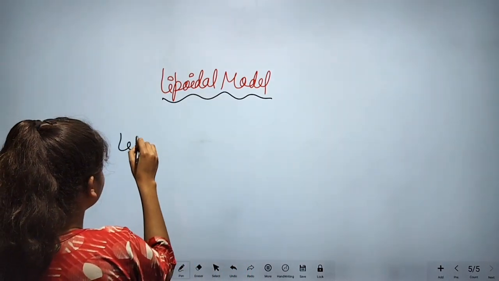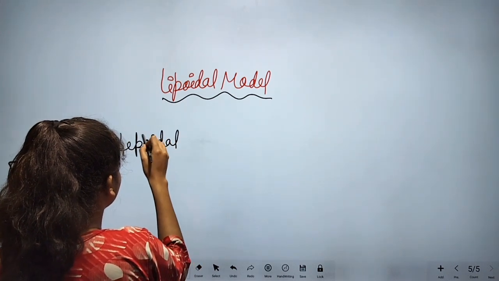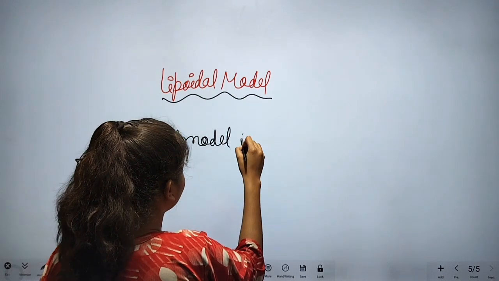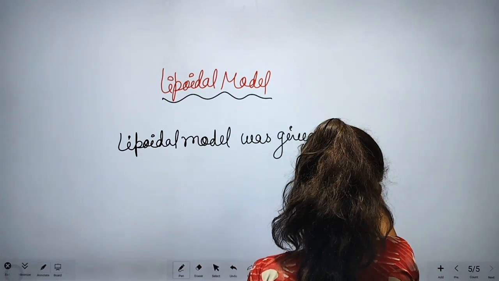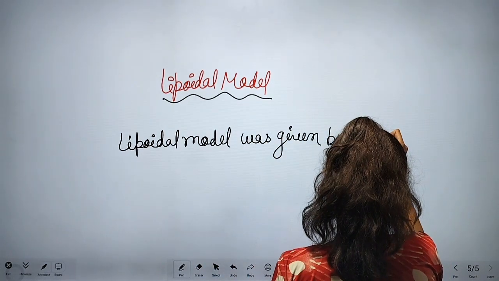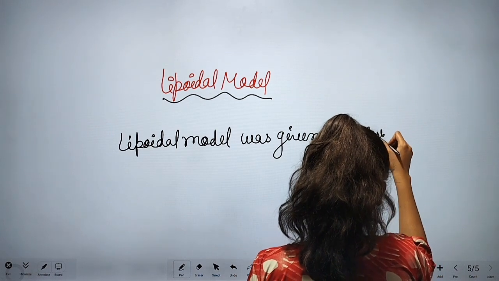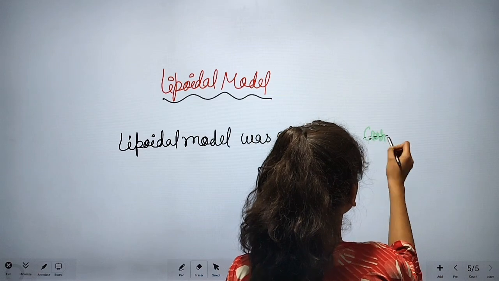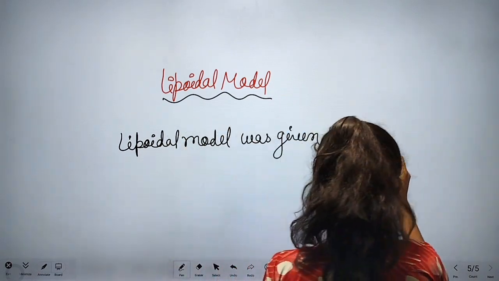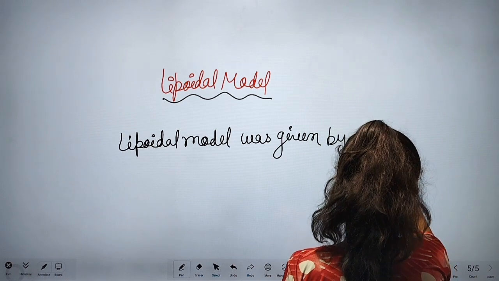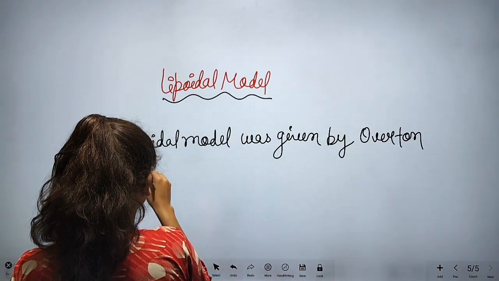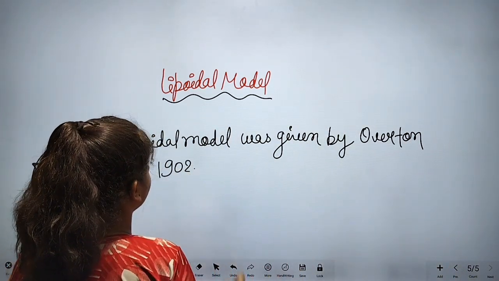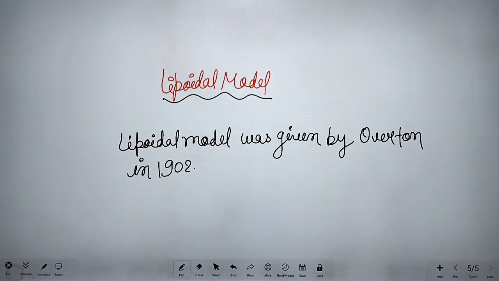The lipoidal model was given by Overton in 1902.